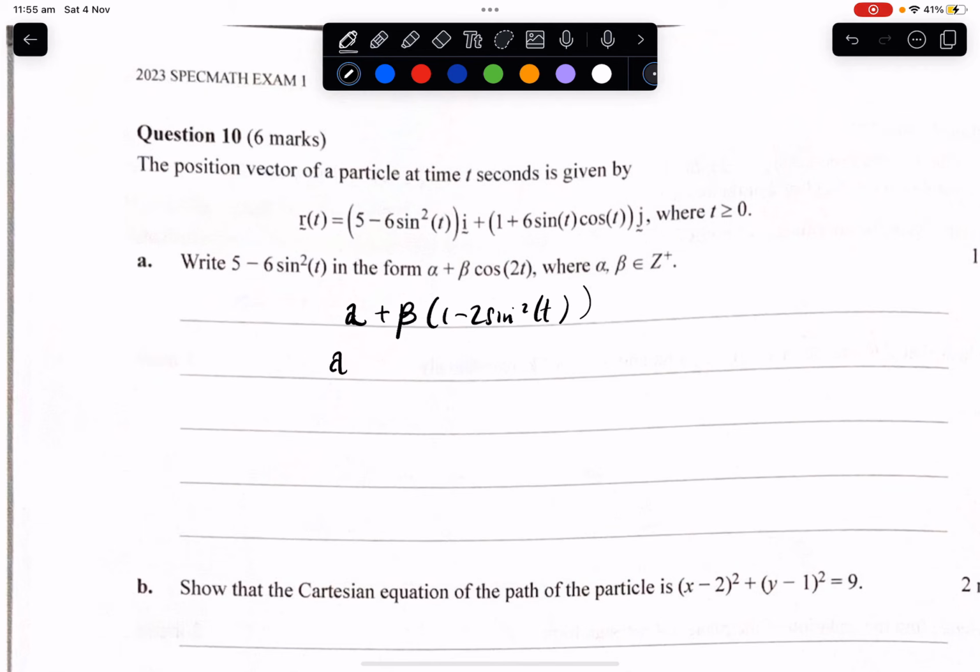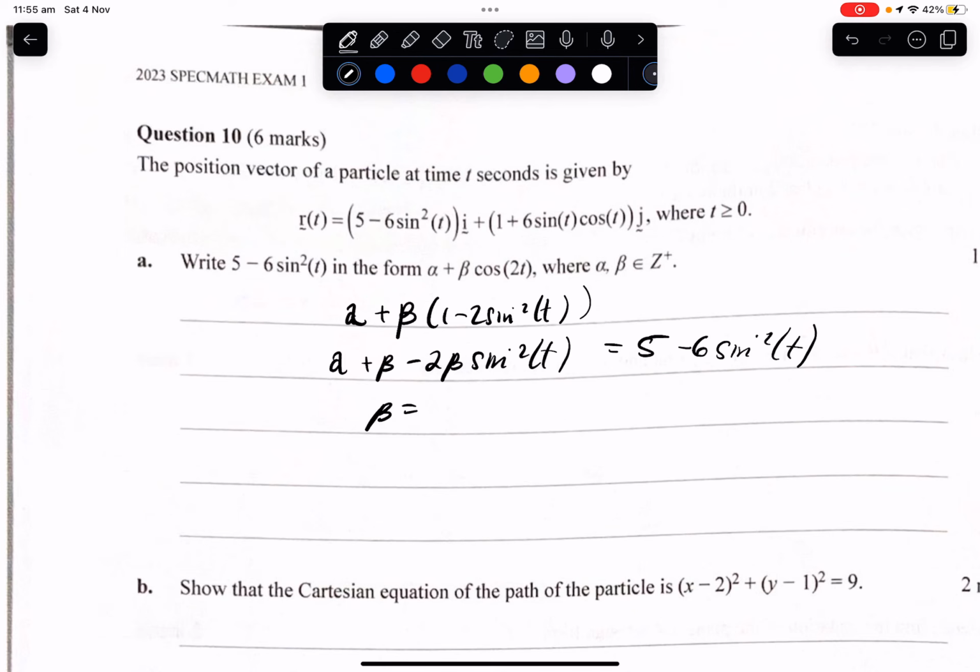So that's alpha plus beta minus 2 beta sine squared t. Now that's equal to 5 minus 6 sine squared t. So if you equate coefficients, that means beta is equal to 3, and that means alpha is equal to 2. So that means it's 2 plus 3 cos 2t.